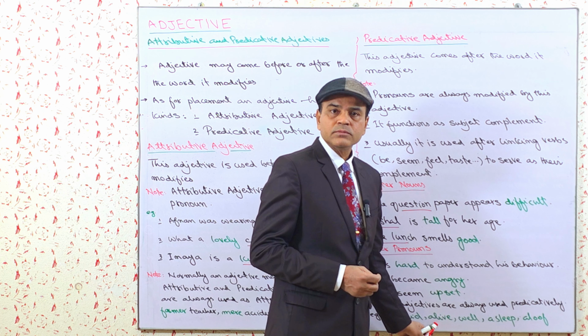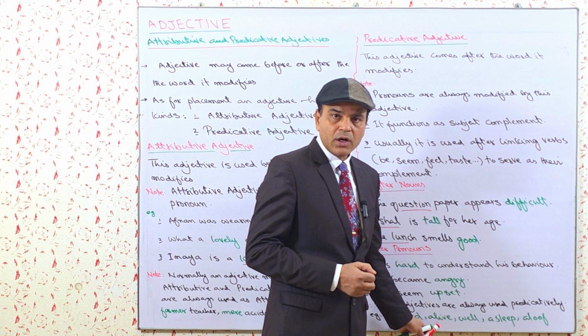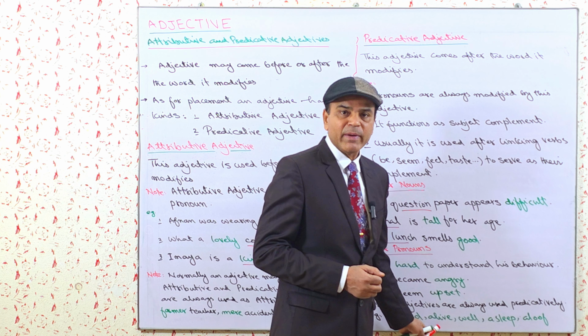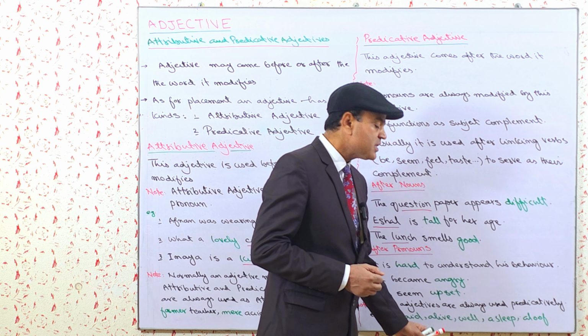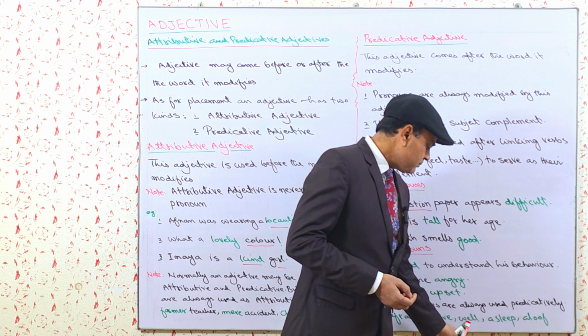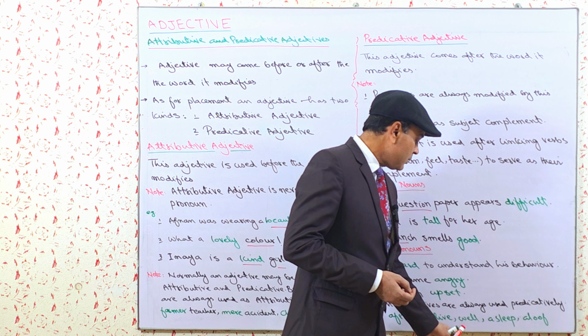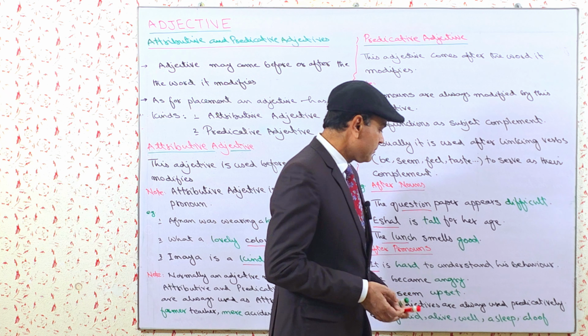Alive. He is alive, or the boy is alive, or the man is alive, not the alive man, because alive is never used as an attributive adjective. Well is also always used as a predicative adjective.